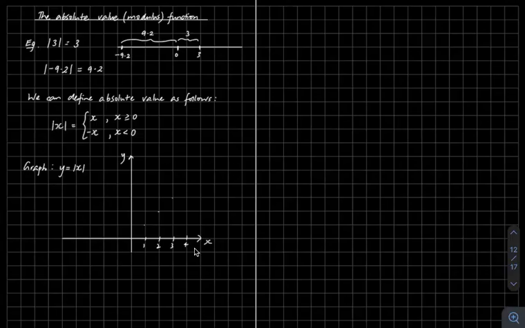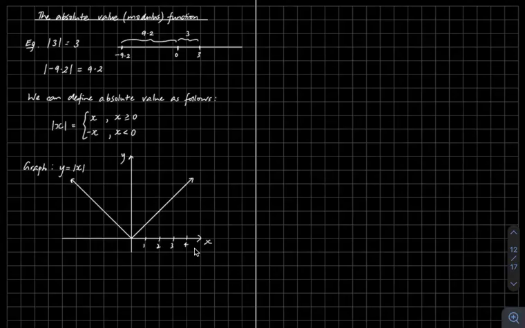So in other words, y is going to be equal to x for all of those. If we just consider those integer values, on this side of the y-axis, that's just going to look like y equals x. That's because the absolute value of x is equal to x for positive values of x. On the other side of the y-axis, it's going to look like y equals negative x, which is this one here.